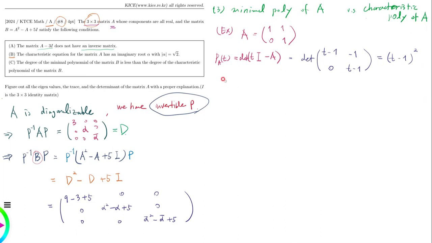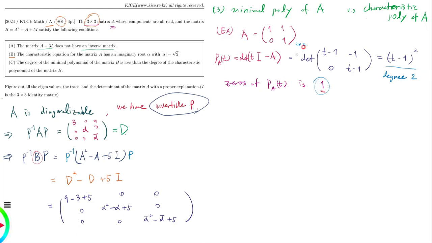So the zero of this characteristic polynomial is 1. We have only one zero for this characteristic polynomial whose degree is 2, because it's the 2 by 2 case.